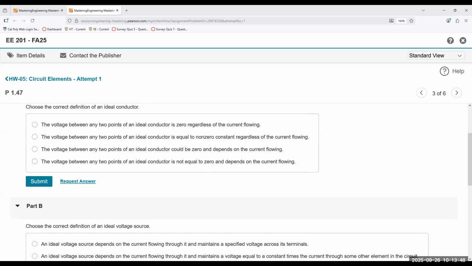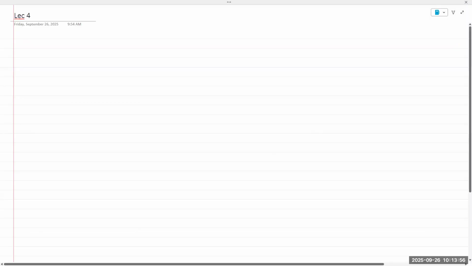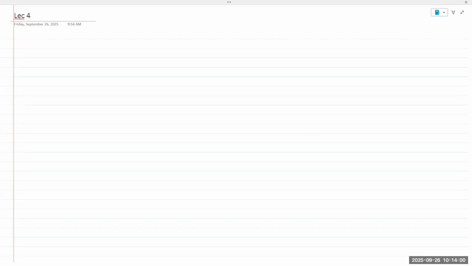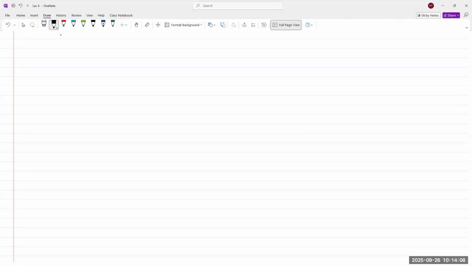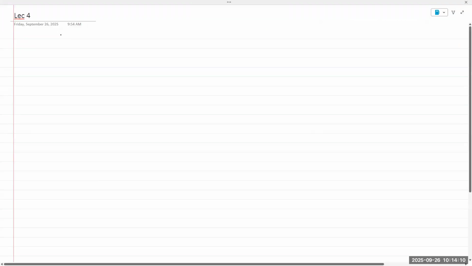Okay, so anytime we have two or more components coming together in any electrical circuit diagram, that is known as a node. So a node in an electric circuit is simply the junction point between two or more elements.